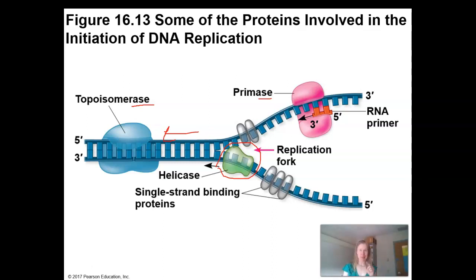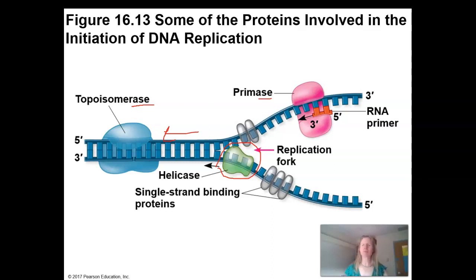That's exactly what's happening in the DNA. It's getting super bunched up. So this is another enzyme called topoisomerase, and it goes in front of the helicase and snips the DNA so it can unwind, get rid of all that extra tension, swivel, and rejoin itself.